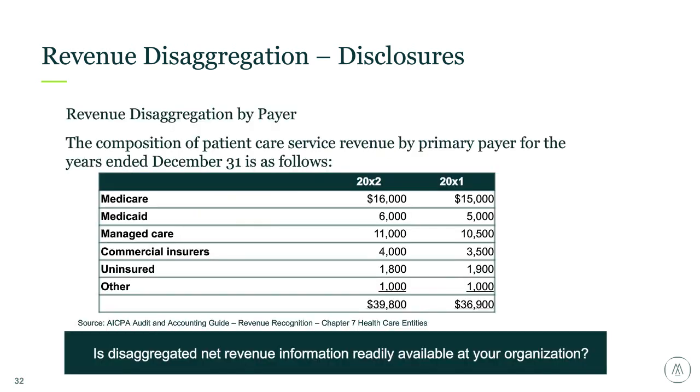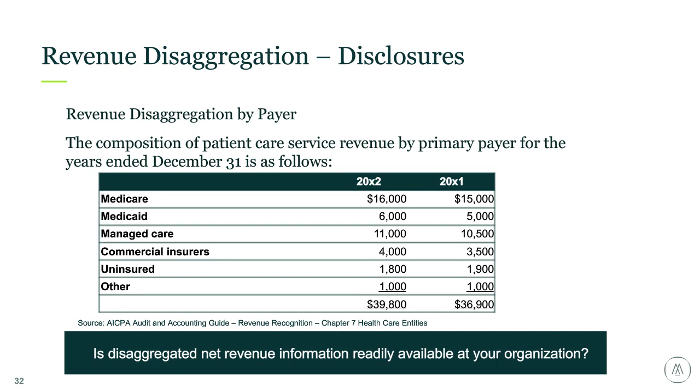The next two slides show examples which come from the AICPA Revenue Recognition Guide for healthcare providers as possible ways to disaggregate revenue. And you might find that one level of disaggregation is appropriate or multiple categories of disaggregation is appropriate for your organization.